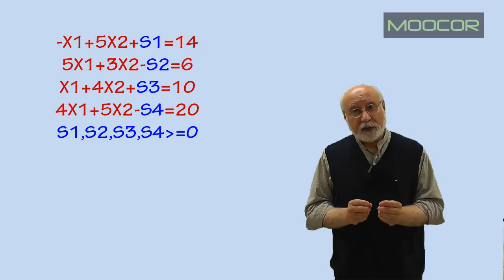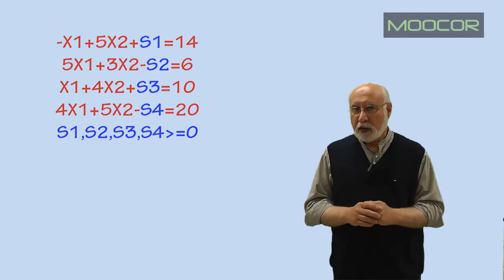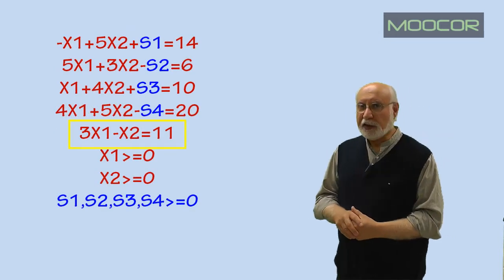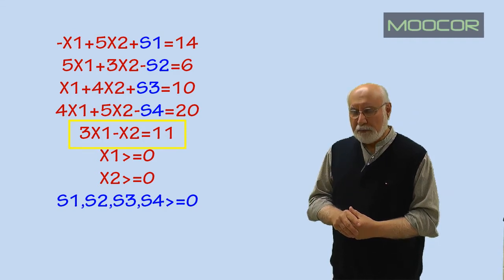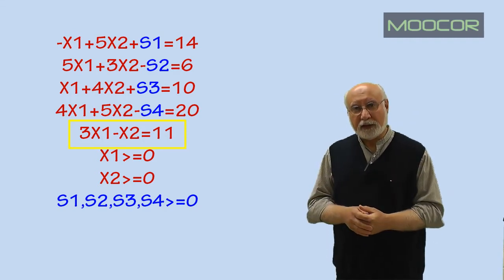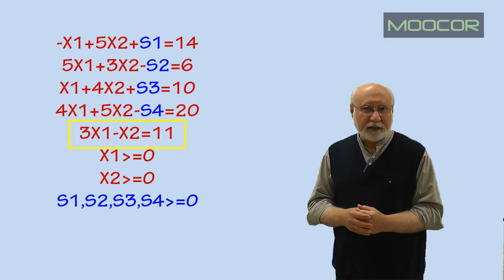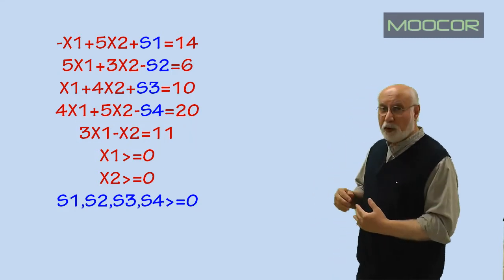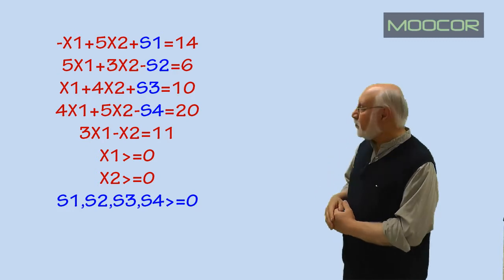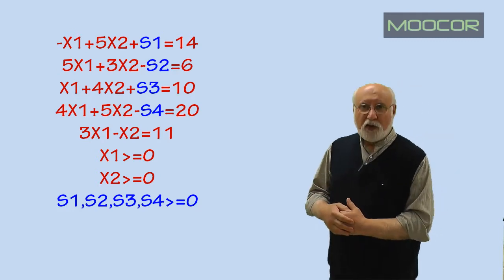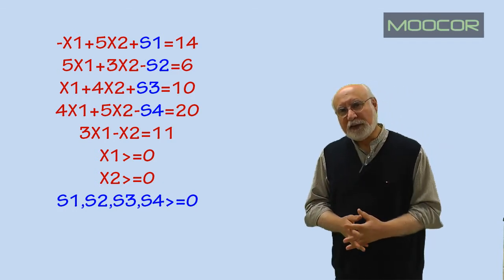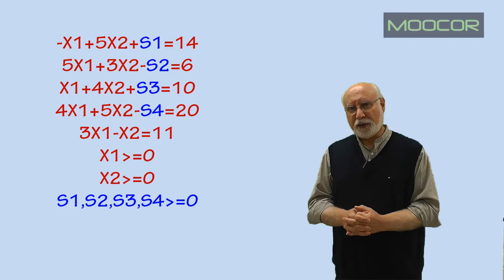Two important observations. One, if there is an equation in the constraint set, because it is already an equality, you are not going to add any slack or surplus variable to it. The second thing is that we will separate the main constraints from the special constraints, which usually represent the non-negativity conditions.